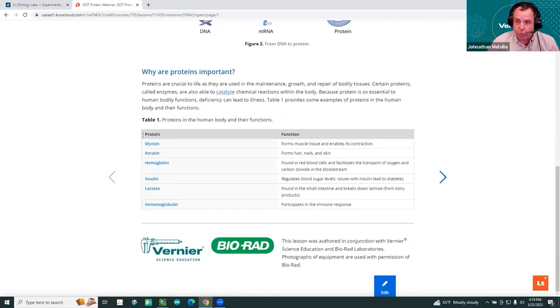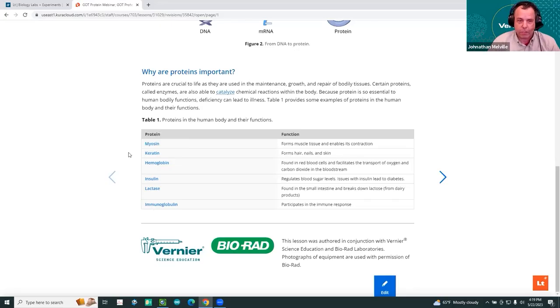Why are proteins important? That's really important for students to know. I used to tell my students all the time, proteins are the things that do things. They always used to laugh at that, but it makes sense. They literally are the things that do things, whether they're enzymes, receptors, structural proteins, they are the things that do things. And most importantly, they catalyze chemical reactions as well.